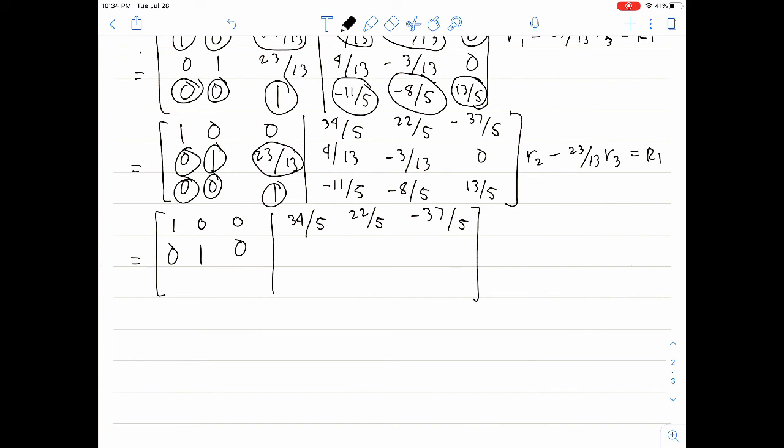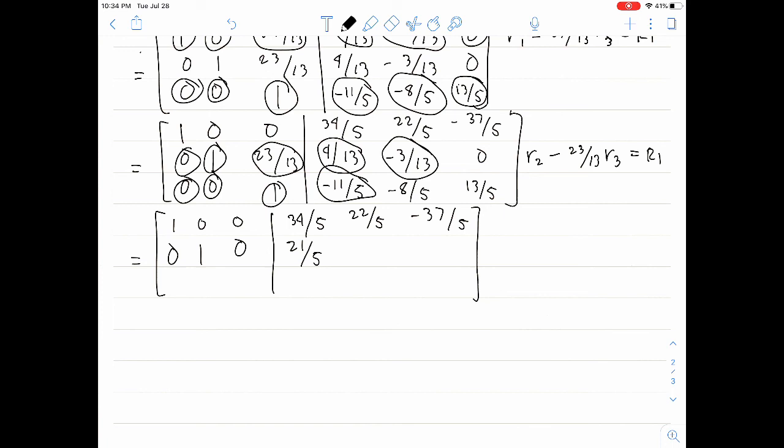So 4 over 13 minus 23 over 13 times negative 11 over 5 is 21 over 5.